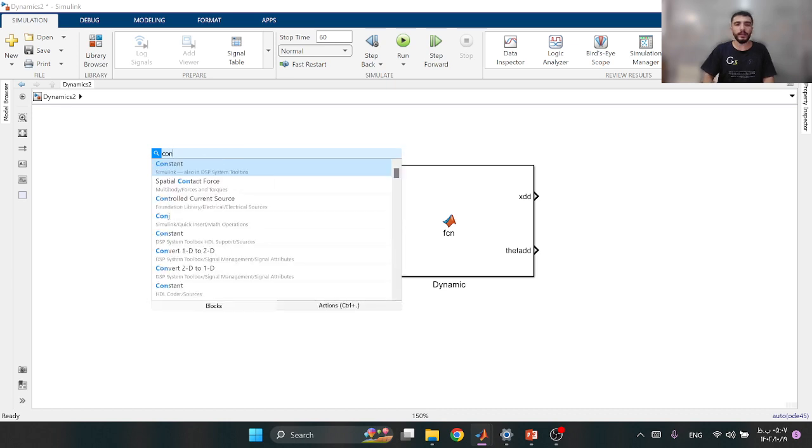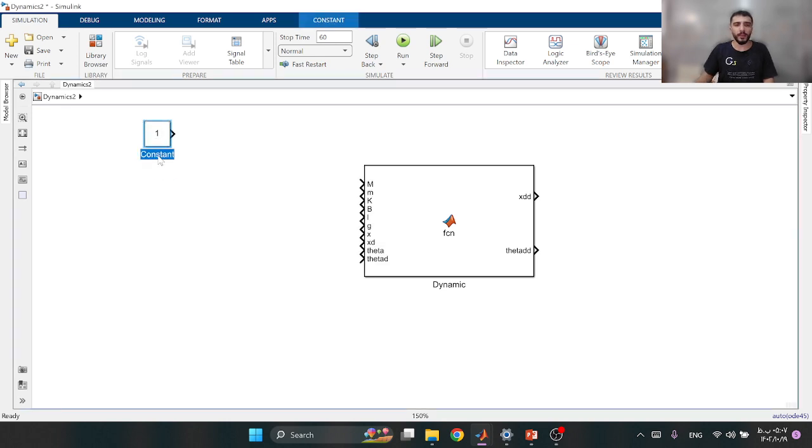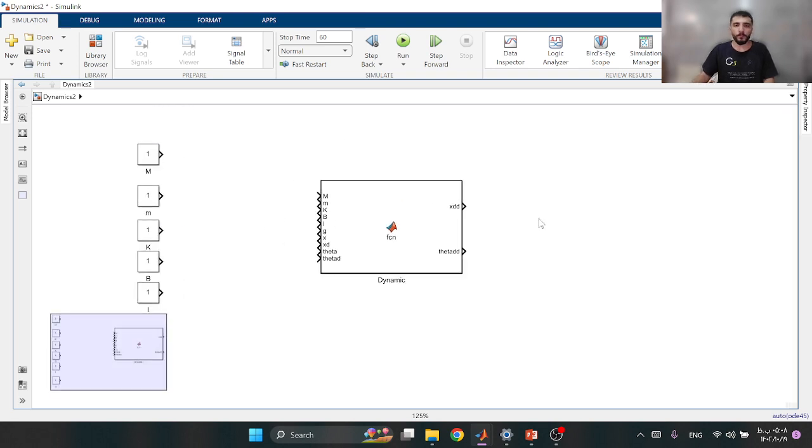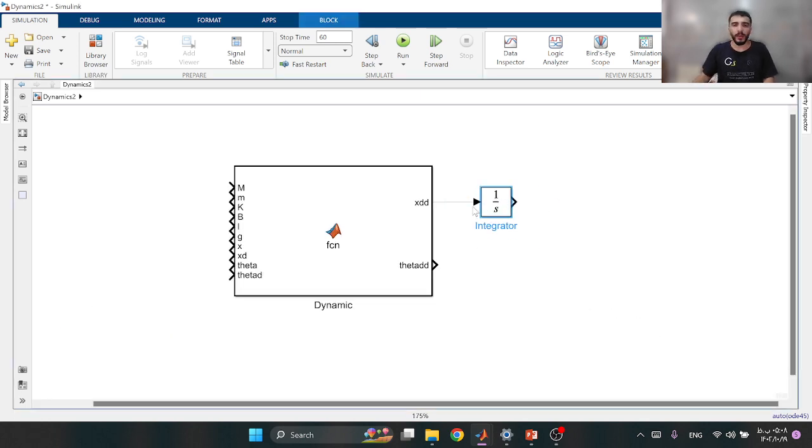I will import some constants for having our constant parameters M, m, B, L, G, and K. Okay, let's import some integrators to integrate these signals.